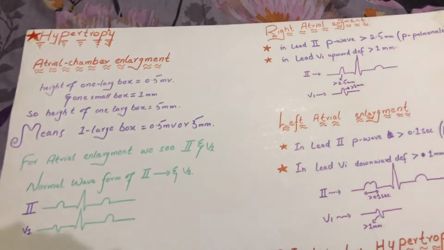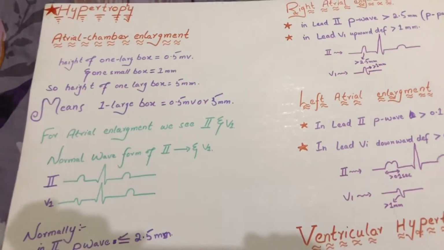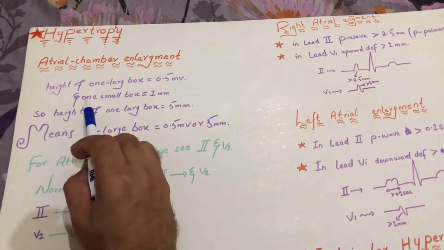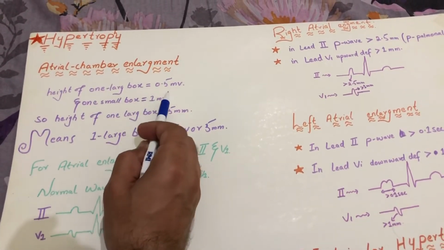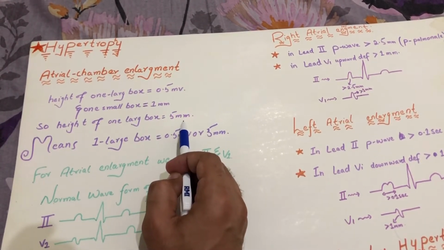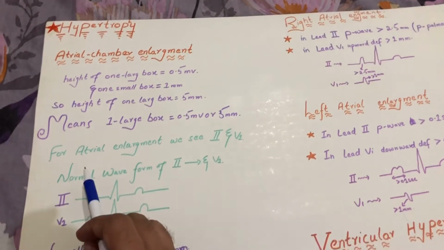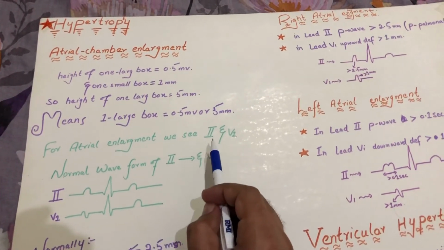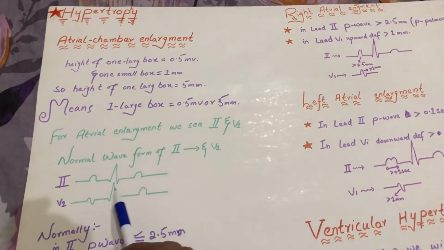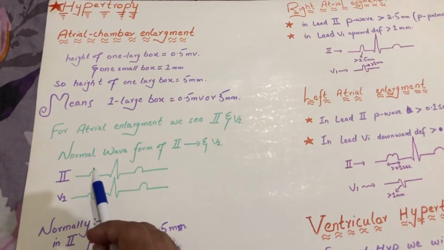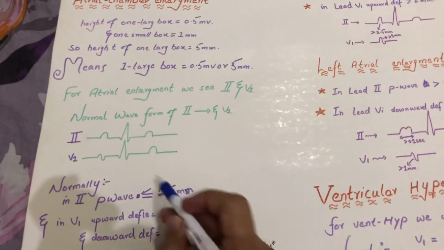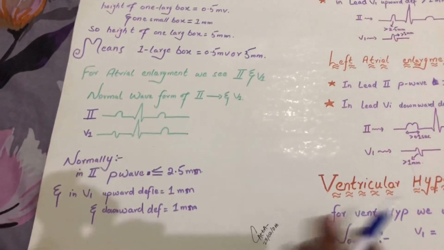Now look at this chart. This is the summary of the atrial enlargements. We know that the height of one large box is equal to 0.5 millivolt or 5 mm. For atrial enlargement we see lead 2 and V1. The normal waveform is only upward deflection in lead number 2, and upward and downward deflection in lead V1.